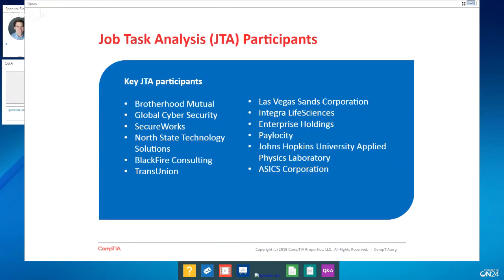Here are some of the participants. We had a lot of enterprise companies. We also had government, academia, and international input. One of the highlights, I thought, was the Johns Hopkins University Applied Physics Laboratory. They're responsible for securing the F-18 Hornet.